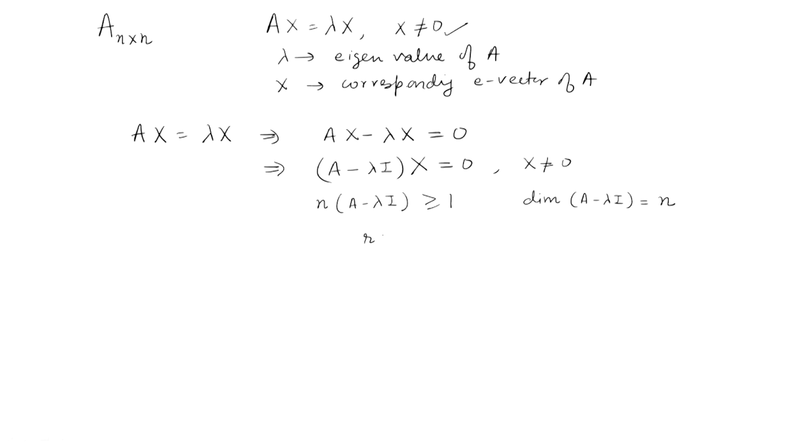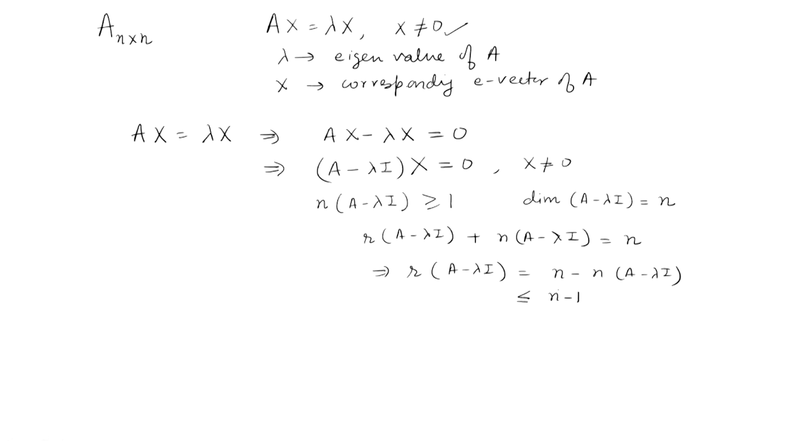So by the rank nullity theorem, the rank of A minus lambda I plus the nullity of A minus lambda I must be equal to the dimension of the matrix or operator which is n. So this implies the rank of A minus lambda I must be equal to n minus the nullity of A minus lambda I, and since nullity is greater than or equal to 1, this is less than or equal to n minus 1.